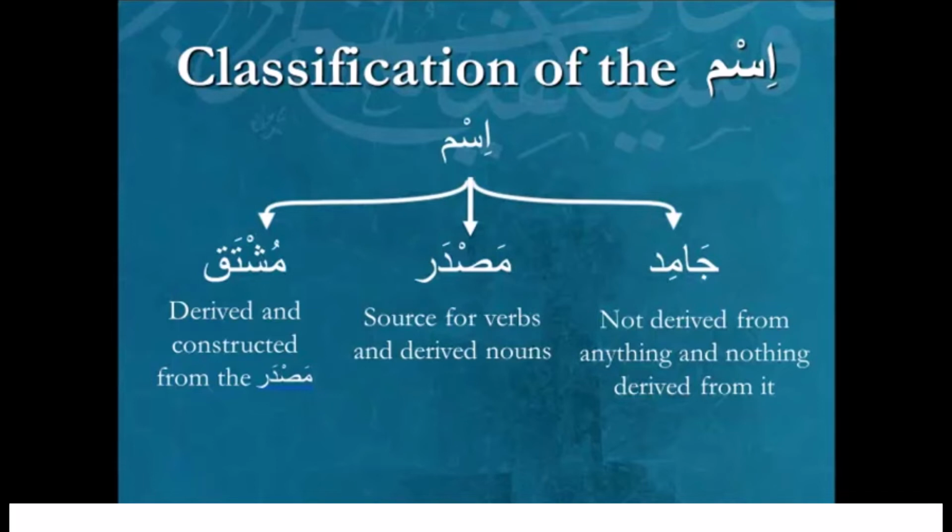So when speaking about derivation, what we're talking about is a family of words that all have the same letters. The consonants are the same, because remember in the first video we told you that meanings are created by taking letters from the alphabet and grouping them in groups of 3.